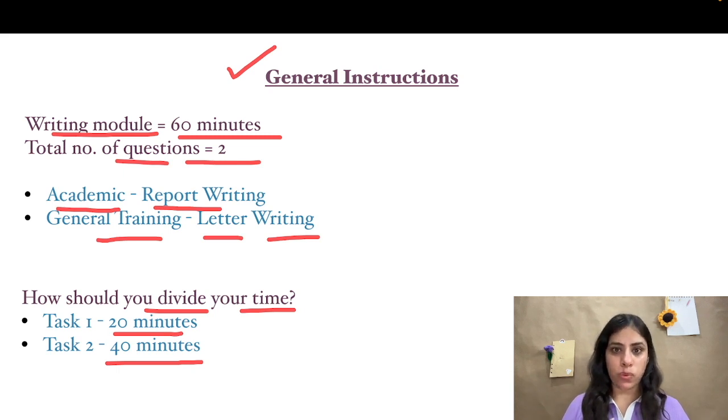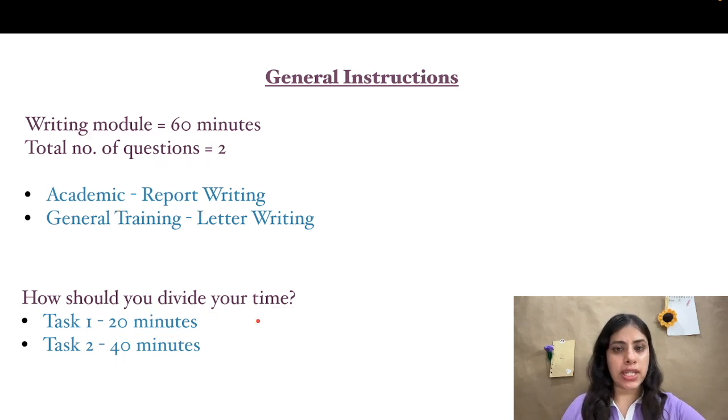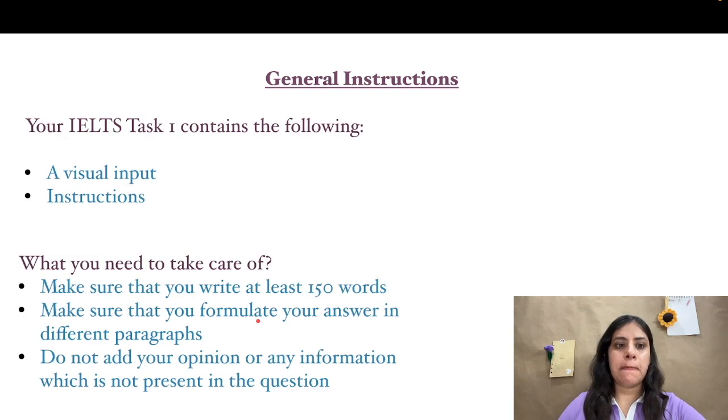Because in task 1 you have to write at least 150 words, whereas in task 2 you have to write at least 250 words. So genuinely your task 2 is going to take you a bit longer and you have to brainstorm some ideas over there. Whereas in task 1 you just have to take up the information from the visual input and craft a summary. So you should try to complete your report writing within 20 minutes.